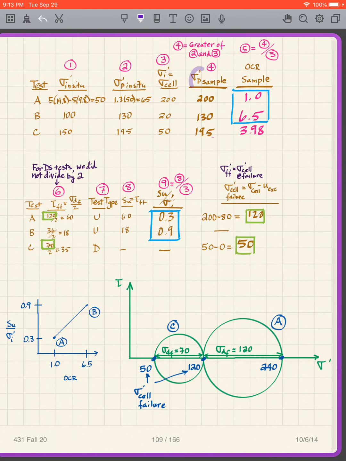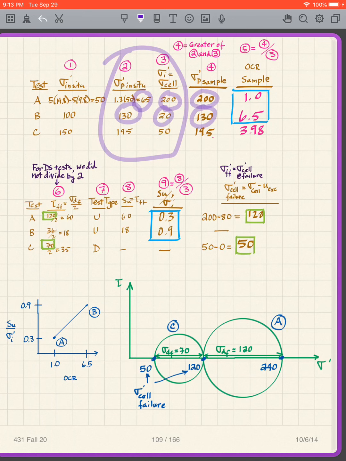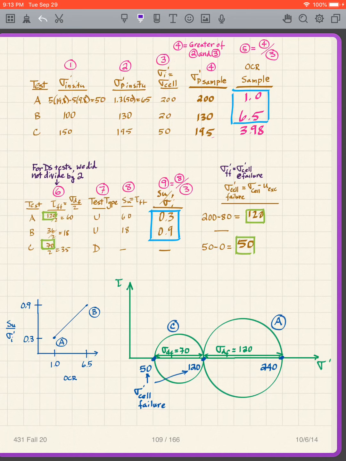Okay, so our sigma prime P of the sample, again, how do I get that? Well, it's the greater of columns 2 and 3. So I look here, 200 is bigger than 65, so 200. 130 is bigger than 20, so 130. 195 is bigger than 50, so 195. Remember, the sigma prime P of the sample is the greatest stress that sample has ever felt.